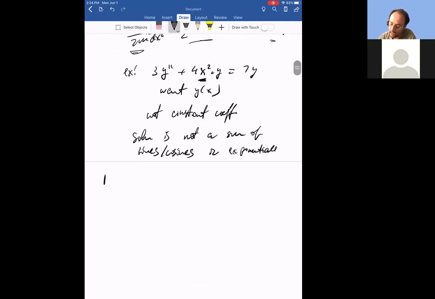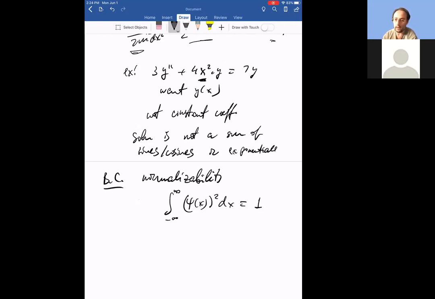So the boundary conditions here are normalizability. So we want this kind of thing equals 1.